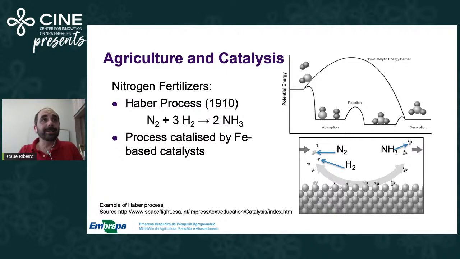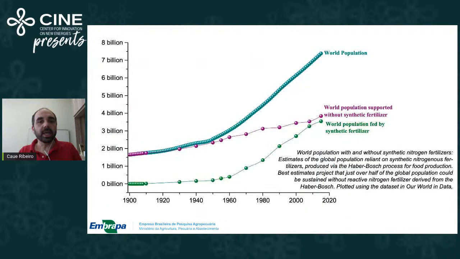So the consumption of fertilizers today is really remarkable in terms of size, but more interesting to understand this is to see how many people are fed today by synthetic fertilizers.